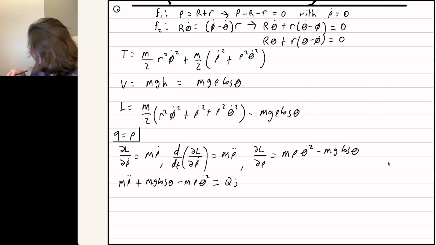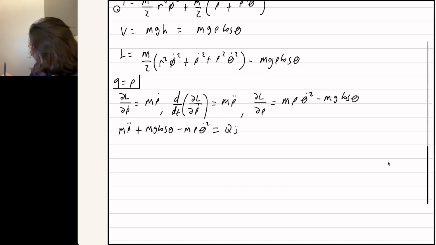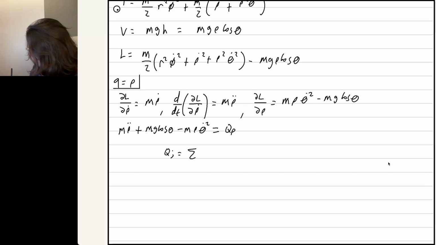We're dealing with constraints, so the generalized forces aren't zero. That's going to be Q rho. Generally, generalized forces are just given by the sum over i of lambda i del Fi del Qj.